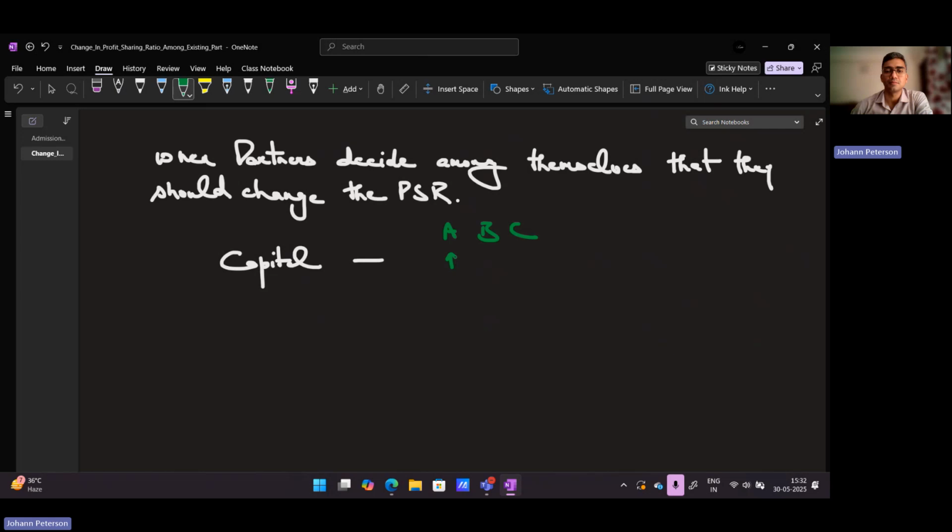So if he brings in more capital, definitely he would want more share of profit. So that is one of the reasons why this calculation is done, or why we are going to study this chapter.